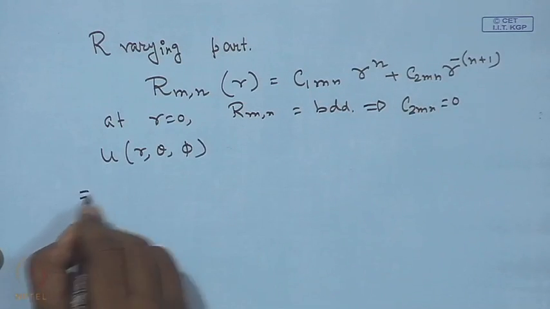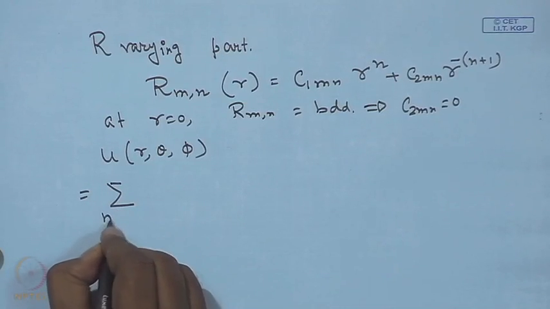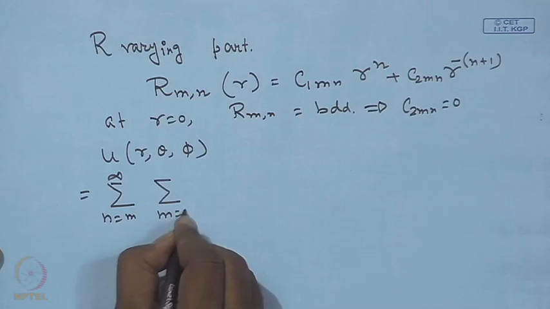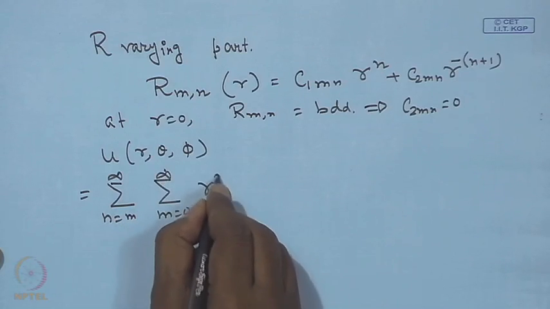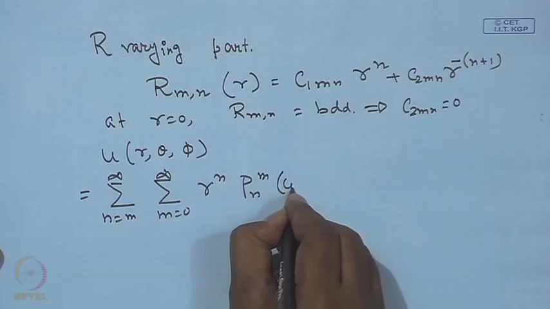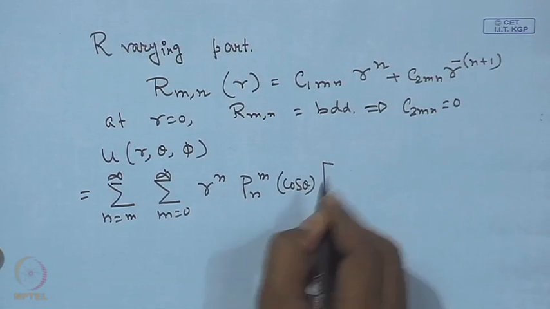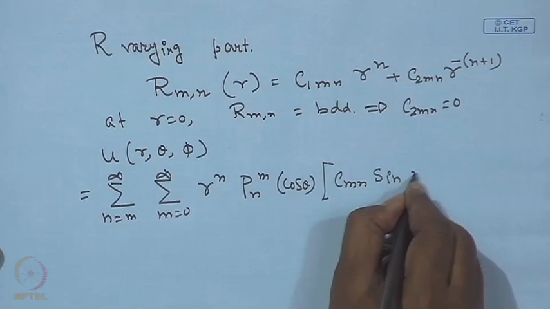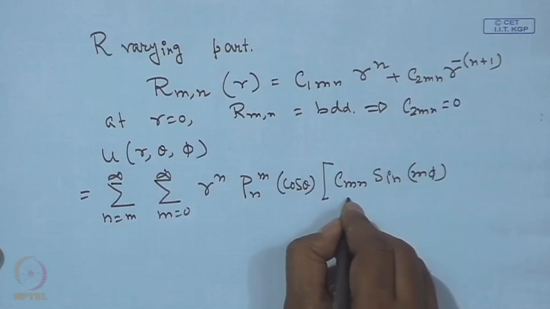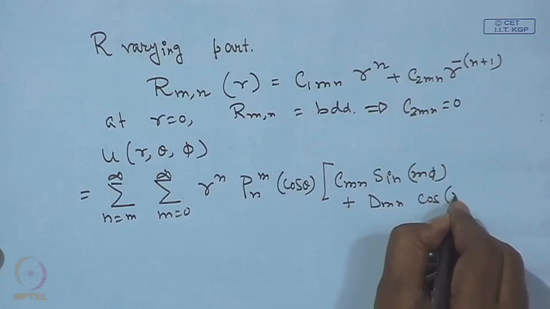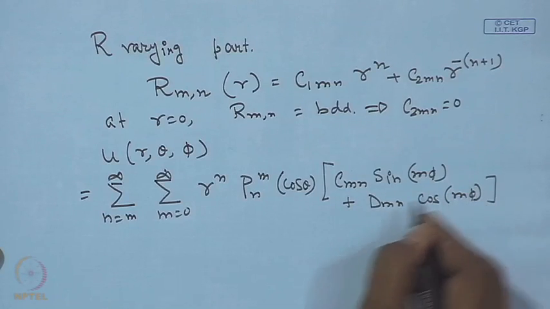So, this becomes a double summation, n is equal to m to infinity and m is equal to 0 to infinity, of r to the power n P n superscript m cosine theta times (C m n sin m phi plus D m n cos m phi).